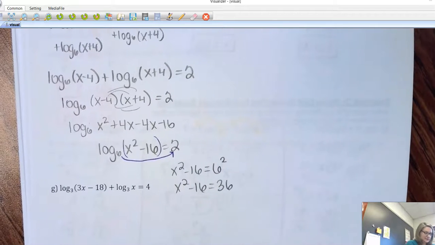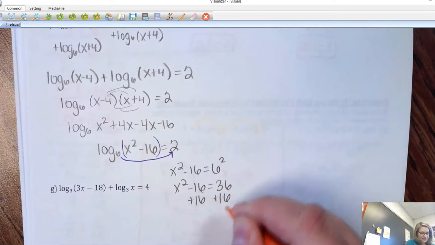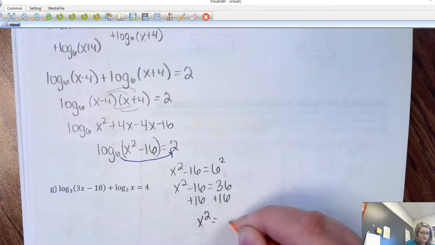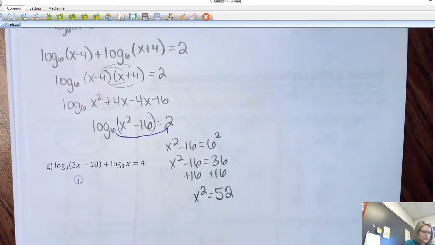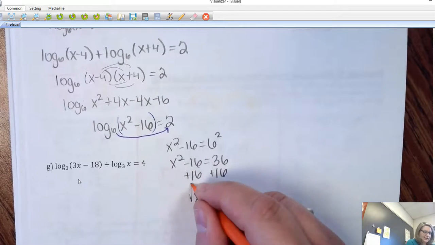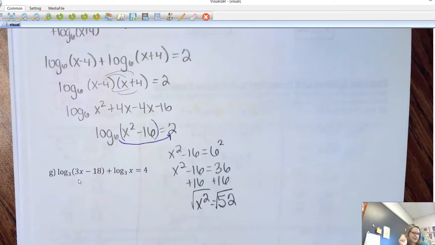I'm just going to add 16. Sorry, I'm kind of bleeding into the next question here. And that's going to give us 52. And then ultimately, I want to take the square root here. Normally, when we take a square root, we get the plus and minus, right?